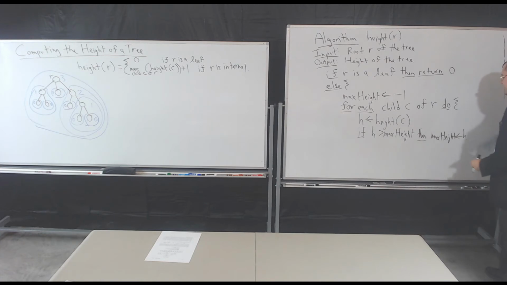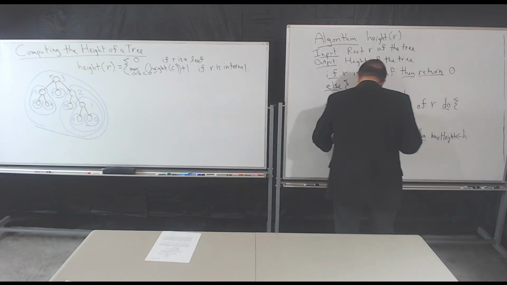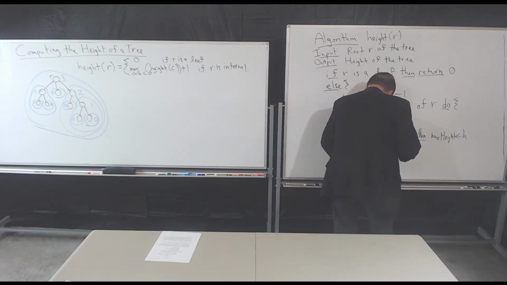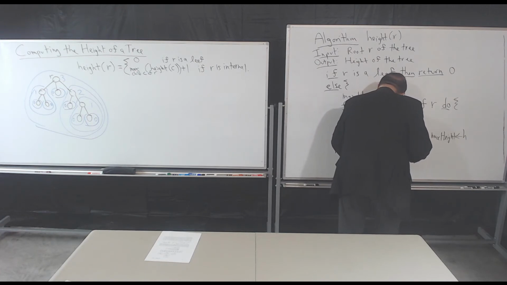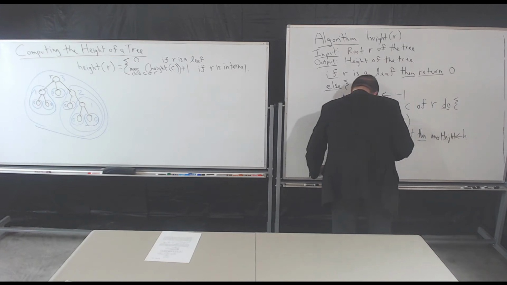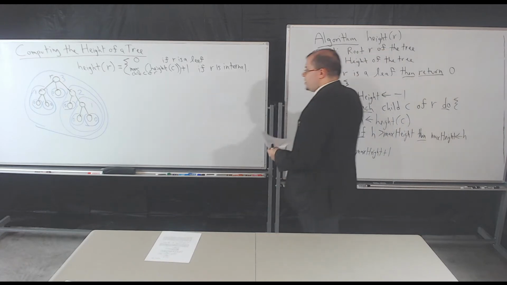I'm just going to reassign max height to be the value of H. And that's it. And I'm just going to return max height plus 1. That's it. And there you go, that's the height.